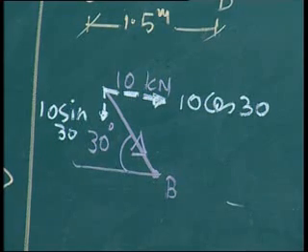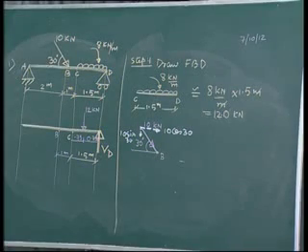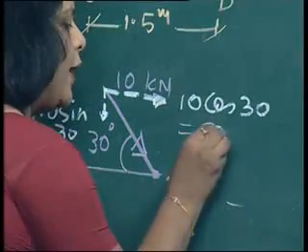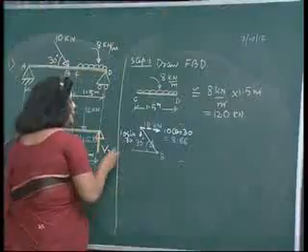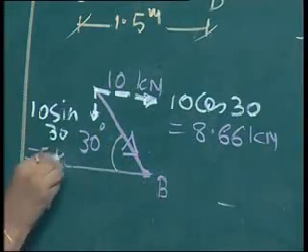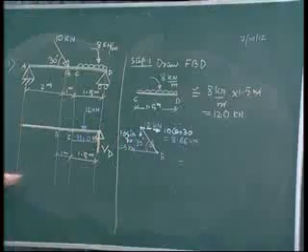So 10 cos 30 is equal to 8.66, and 10 sin 30 will be equal to 5 kilonewtons.